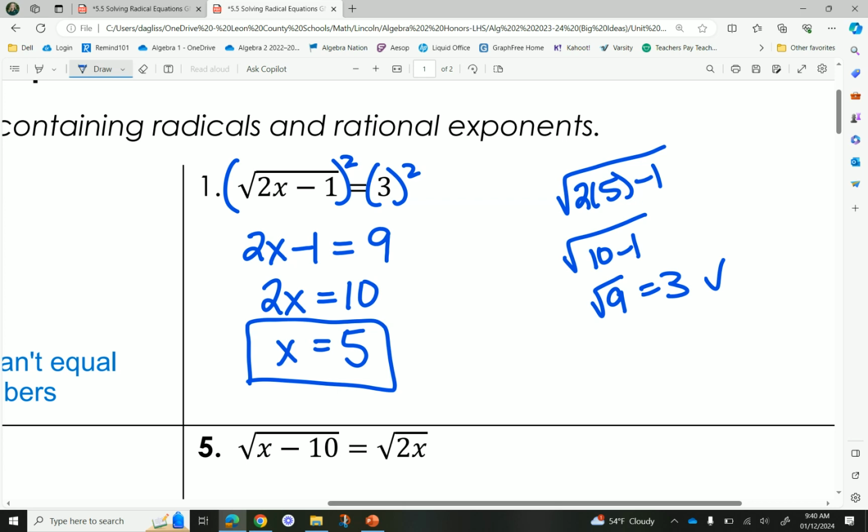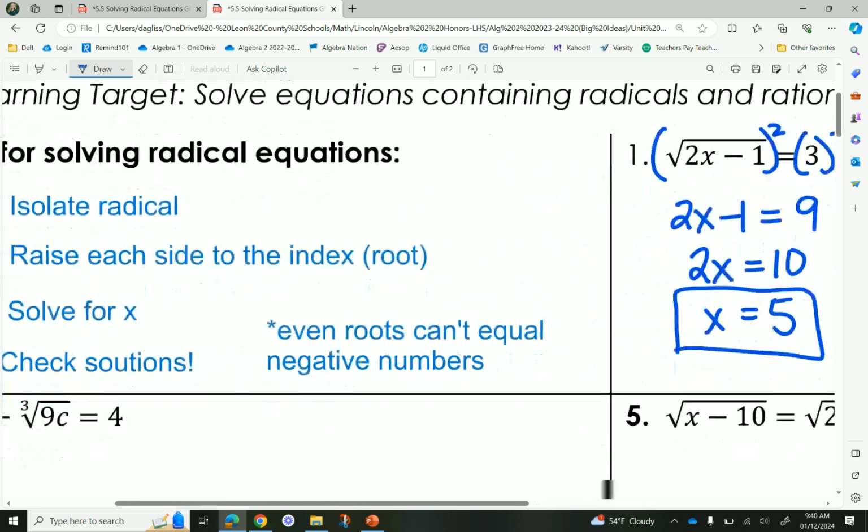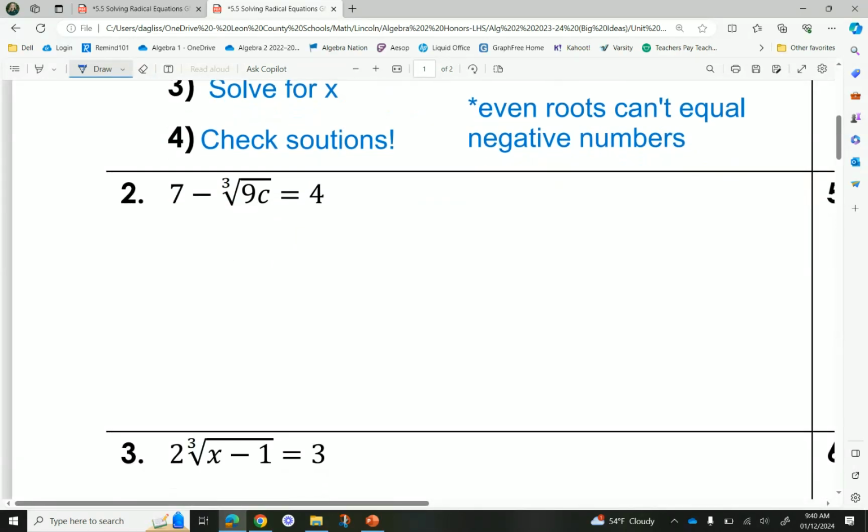All right. We good? Ready for 2? Here we go. This time I have 7 minus the cube root of 9c equals 4. Let's isolate my radical. What do I have to do first? Ooh, I can't cube everything first this time. There's some stuff in my way.